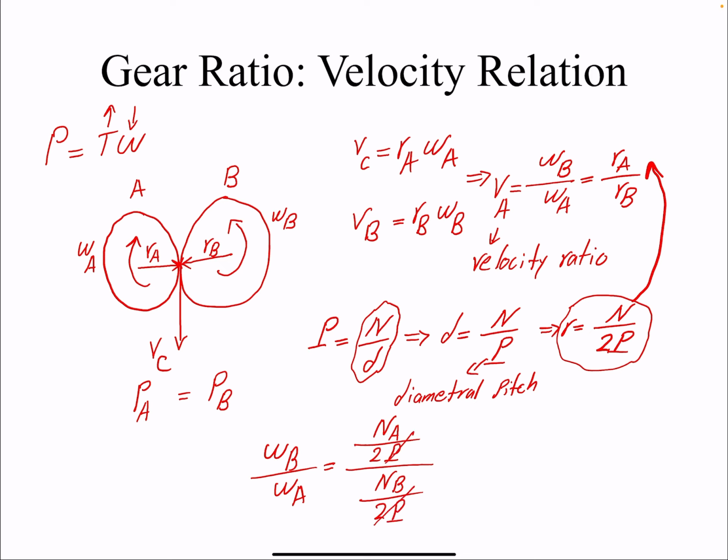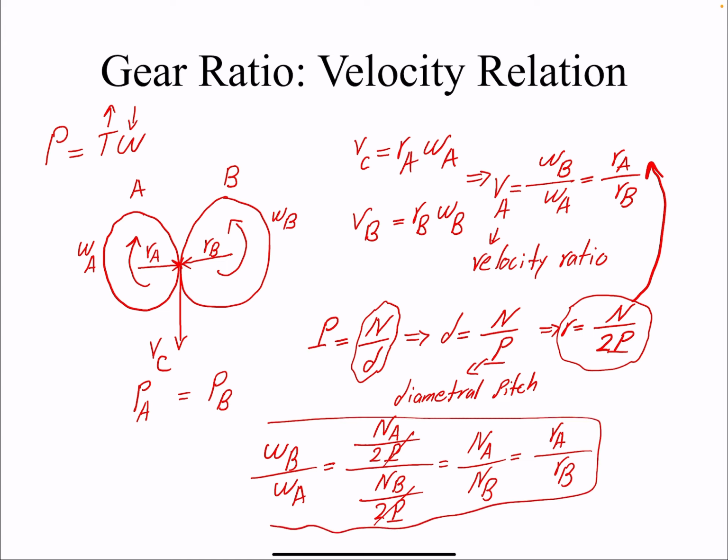These two are the same, so I get NA over NB. And we also knew that it's DA over DB or RA over RB as well. So we have this ratio. The rotational speed of each gear is inversely proportional to the diameter, to the radius, and also to the number of teeth. And again, this is the velocity ratio that we talk about.